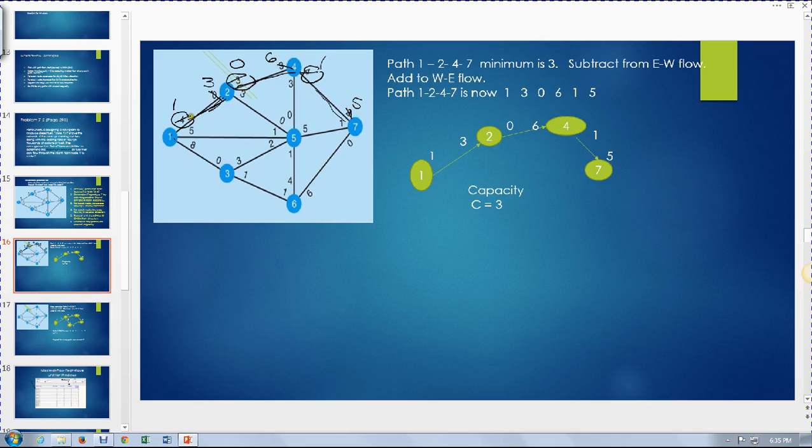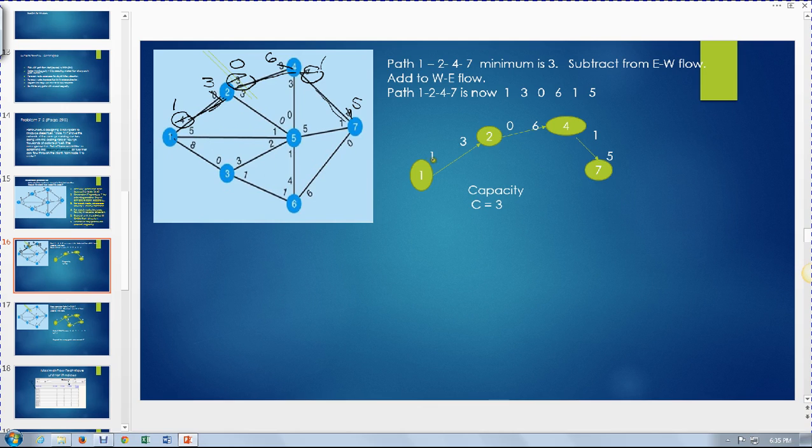Now you notice, to begin with, from 1 to 2 we had 4,000 gallons in this direction and none back. Well, you see the same capacity we have after doing this. We have 1,000 gallons going from 1 to 2, but we have 3,000 from 2 to 1. So the capacities remain the same on each branch.